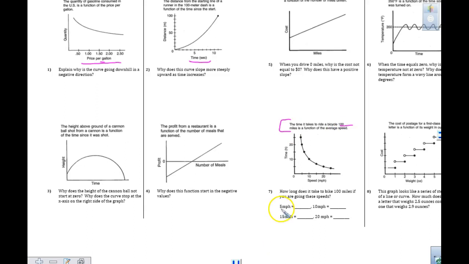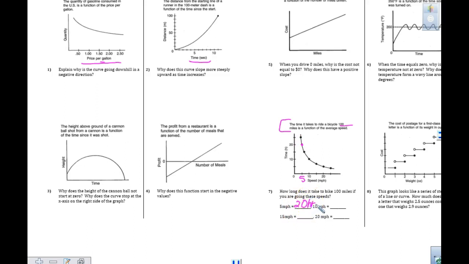So if you go 5 miles an hour, how fast are we going? At 5. So go up in number 7 from 5. Now 5 isn't listed on your graph, but if this is 10, we are at 20. And you got to put a label with that, hours.